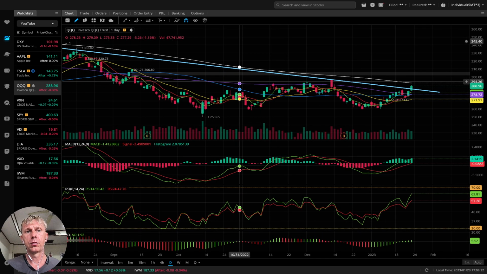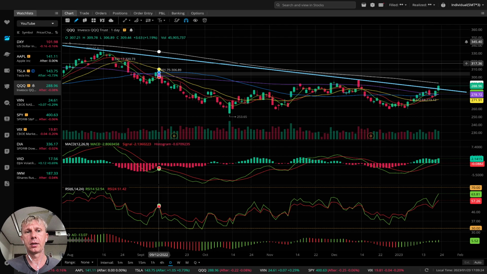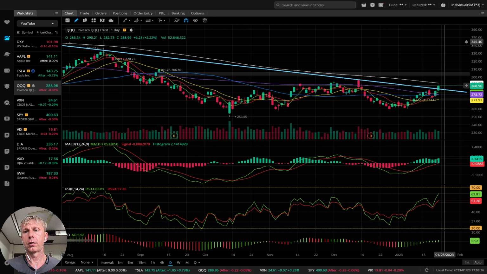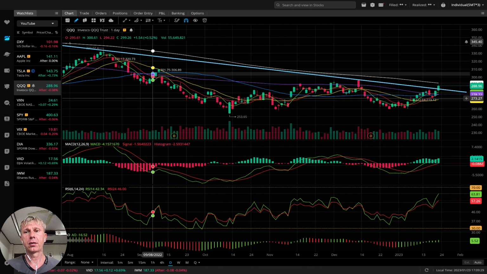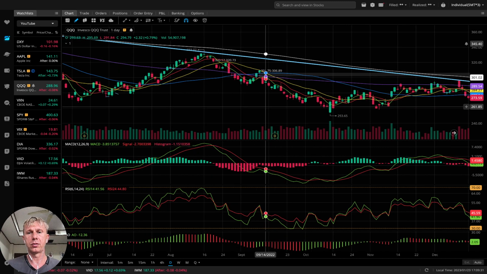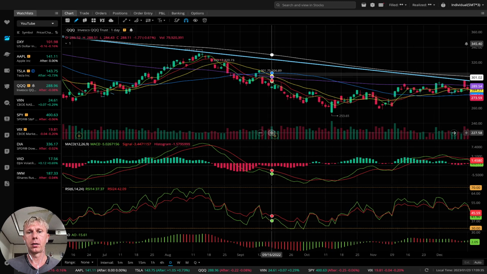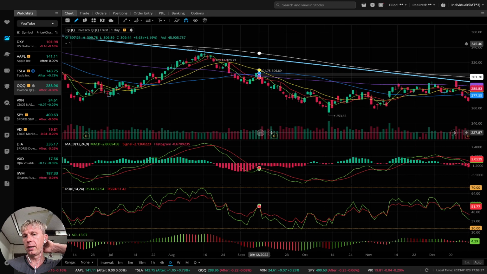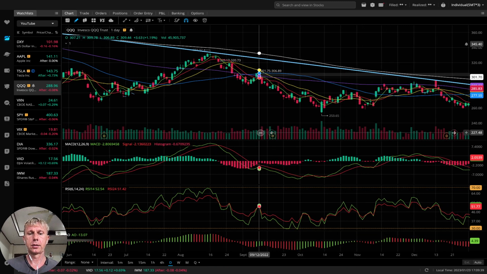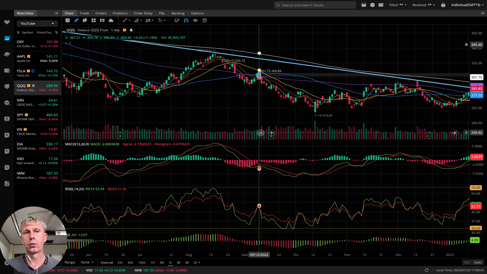We have several gaps, right? Today it closed above this trend line. It never closed above this line before, but today it did. It's a good positive.